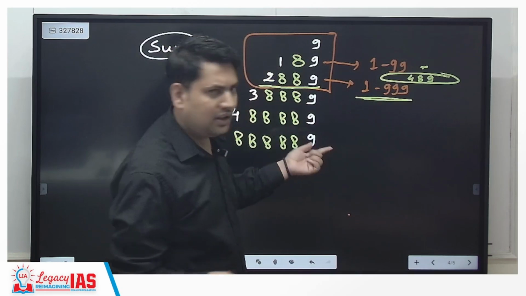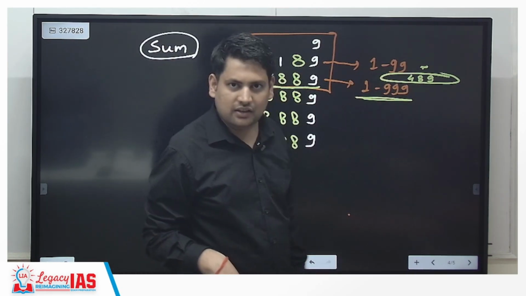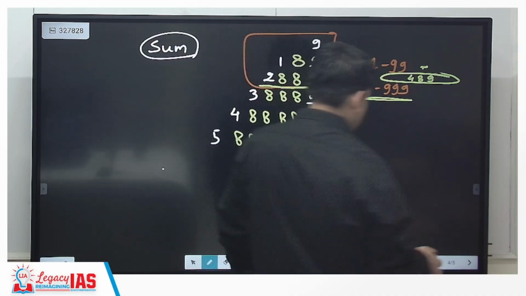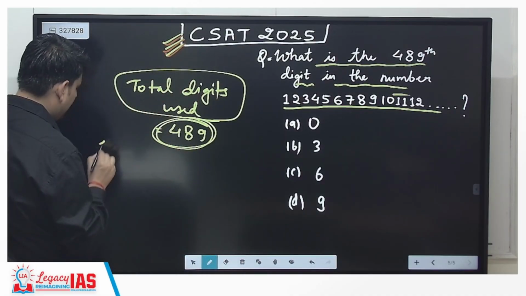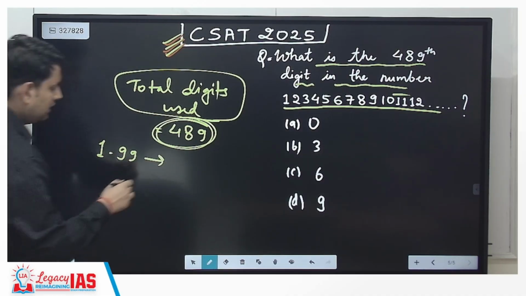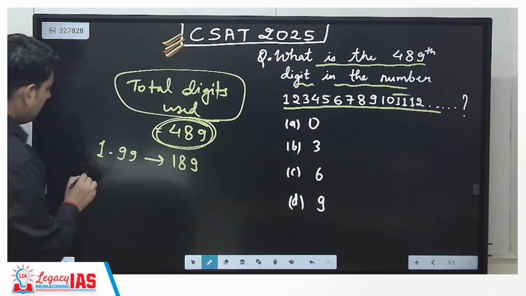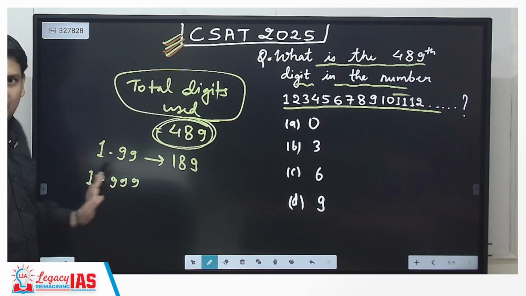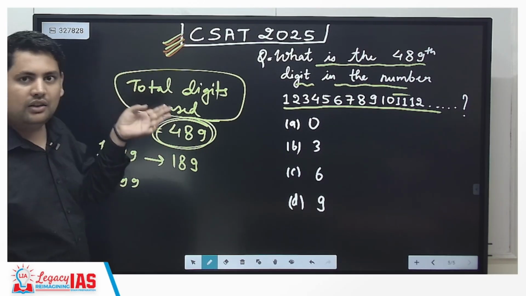Now what do we do? Now we have 489. From 489, it will of course have numbers from 1 to 99, so those digits we can directly subtract. So from 1 to 99, how many digits are there? 189. Now it is definitely not considering 1 to 999, because then it becomes 2889, which cannot be our answer.